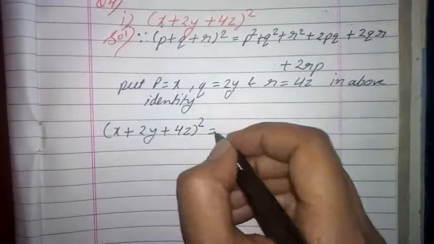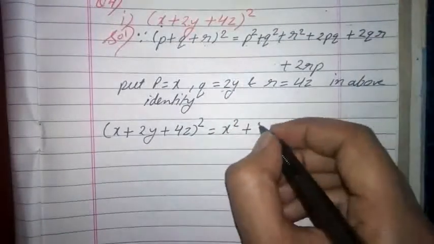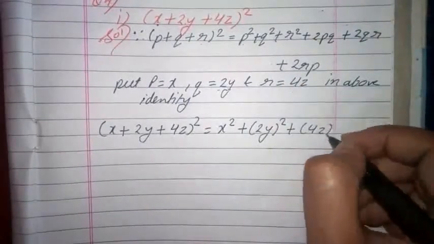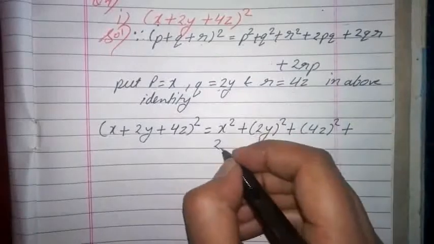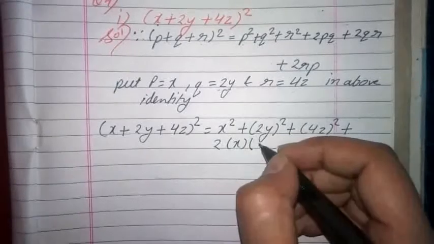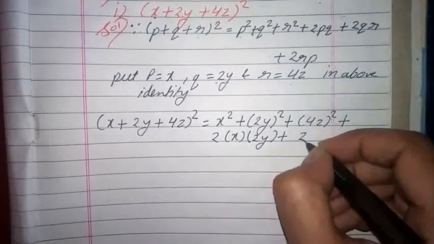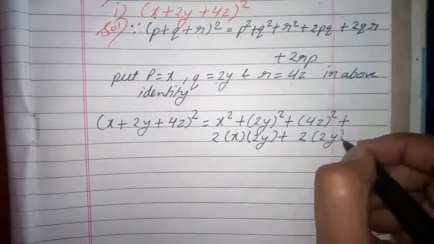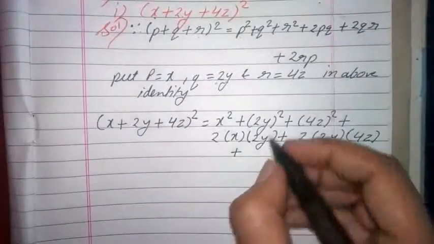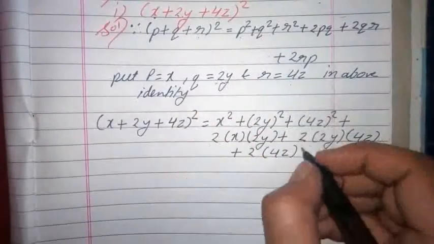Their whole square equals the square of p, so x square, plus the square of q, so the whole square of 2y, plus r square, so the whole square of 4z, plus 2 into p, p is x, into q, q is 2y, plus 2 into q, that is 2y, into r, that is 4z, plus 2 into r, that is 4z, into p, the value of p is x.